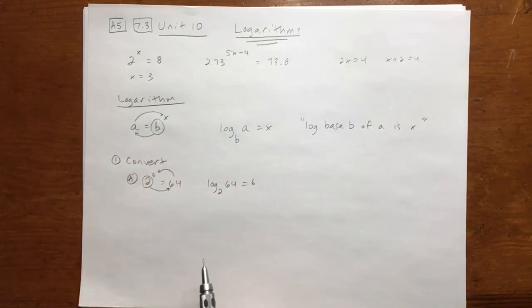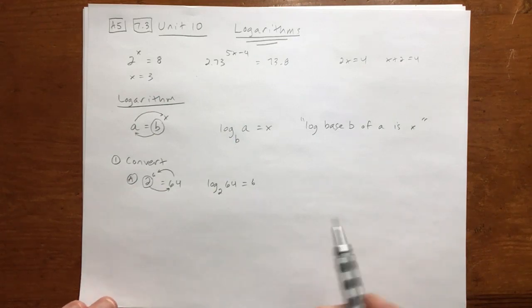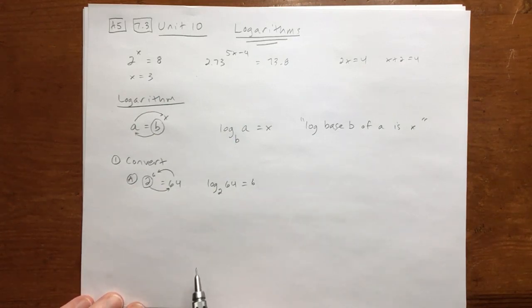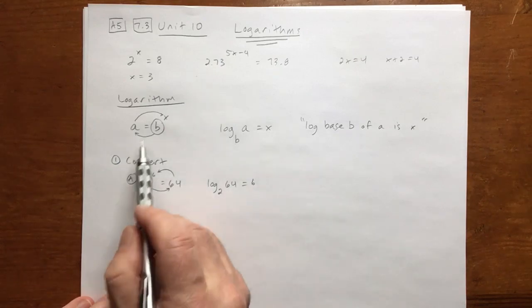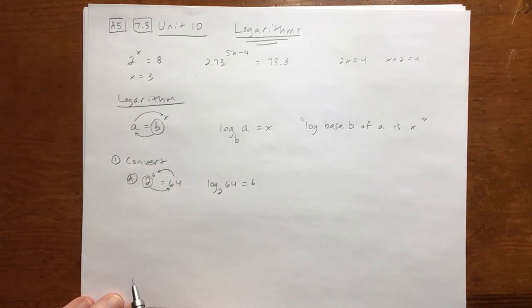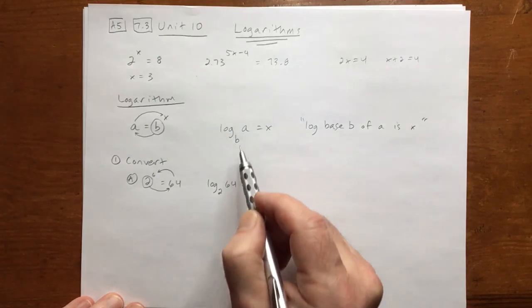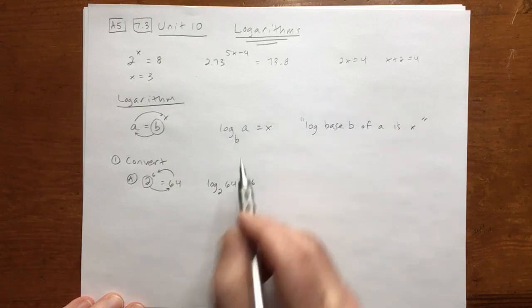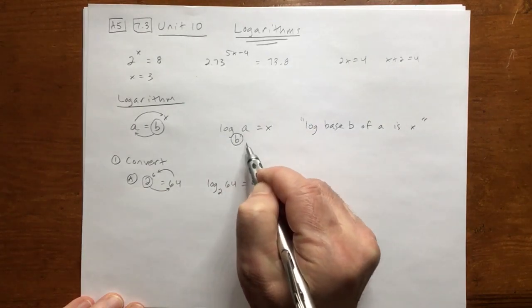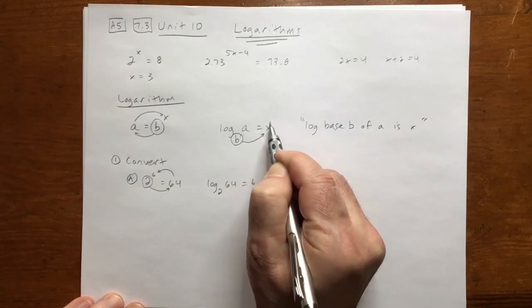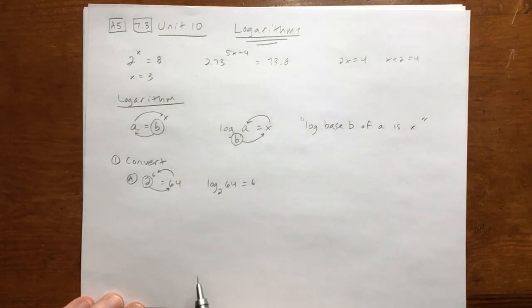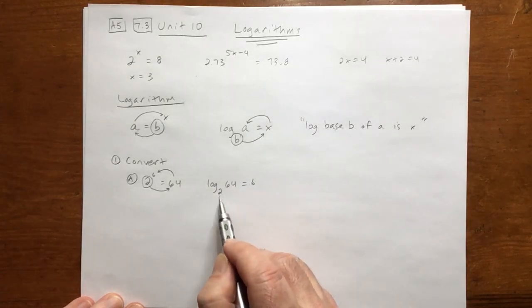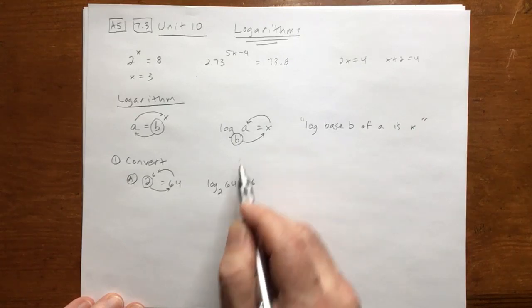Okay, and so that's exactly what we did up here, but let's say I had given you the logarithm at first, and I said convert it to exponential form. What's nice about this is you use exactly the same words. In a logarithm, if we want to convert this to exponential form, we circle the base, we go across, and we come back. Let's look at this and do just that. So find the base. Remember, the base of a logarithm always goes right here.